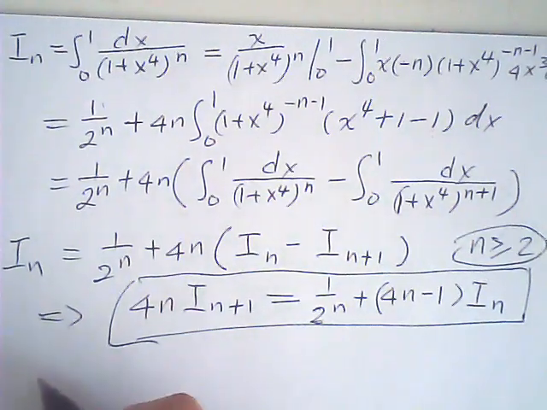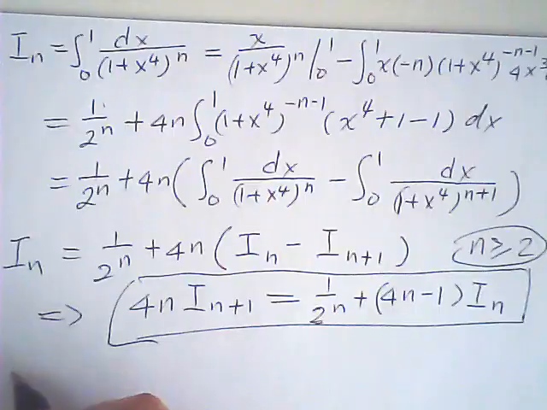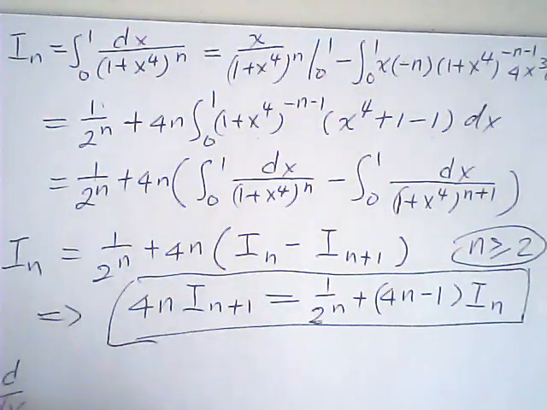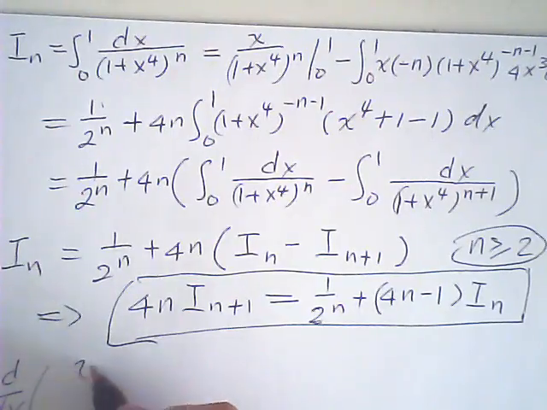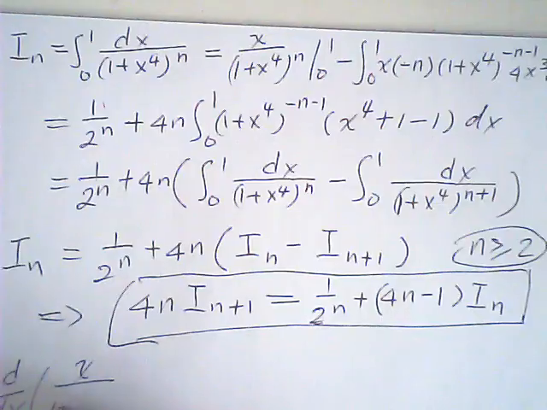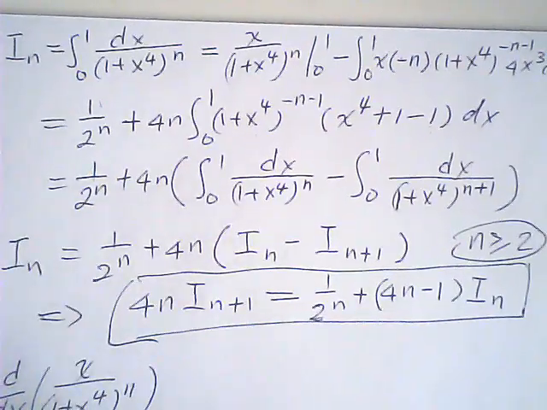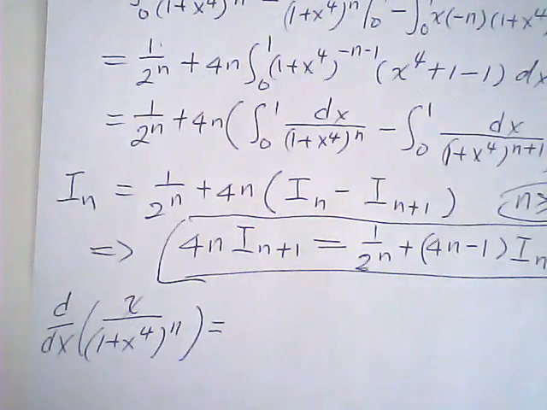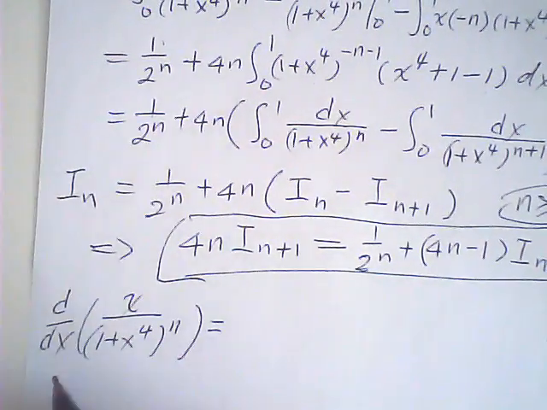Now I consider this derivative, x over 1 plus x fourth to the power of n. We consider this derivative with respect to x. So I'm using the product rule.